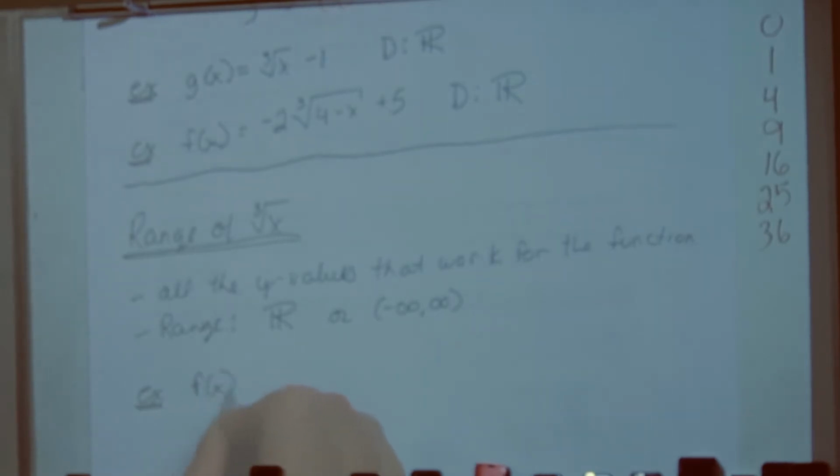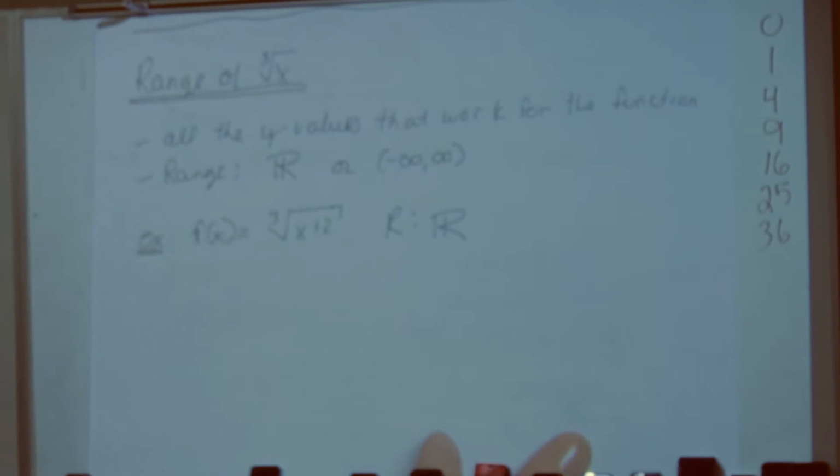f of x is equal to the cube root of x plus 2. My range is going to be, it's very boring, but that's just the way this function works.